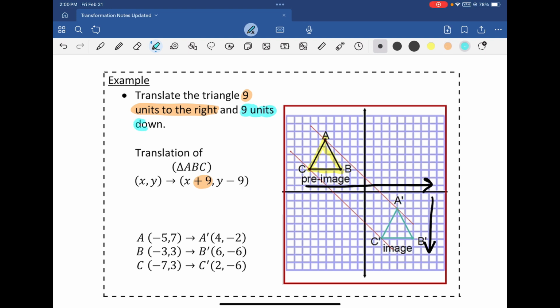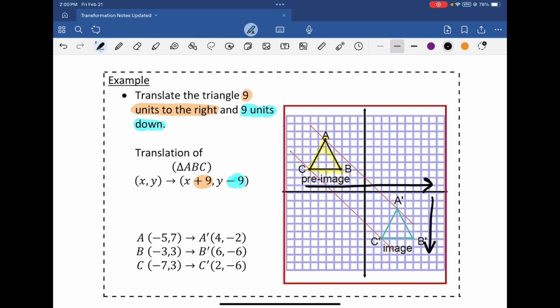So we have 9 units down, which written as a rule would be y - 9. So x + 9 means that we move across the x-axis to the right in a positive direction, 9. Then y - 9 means that we move down 9 from that new point.